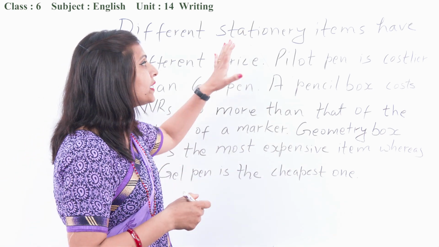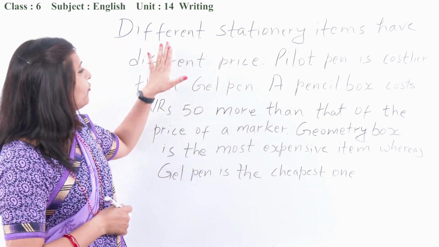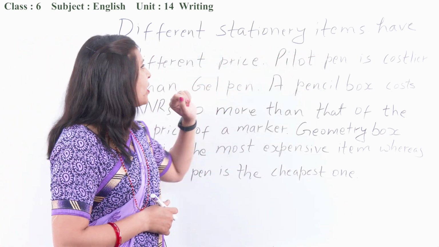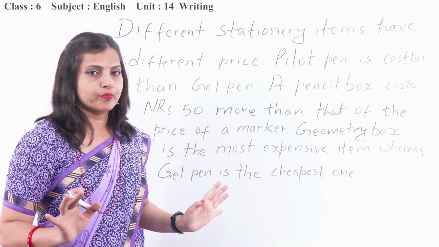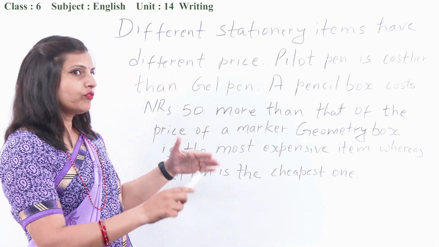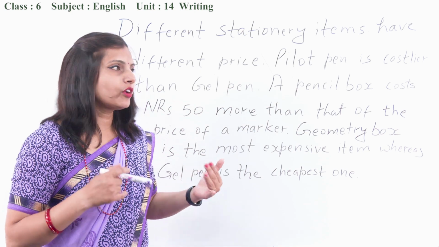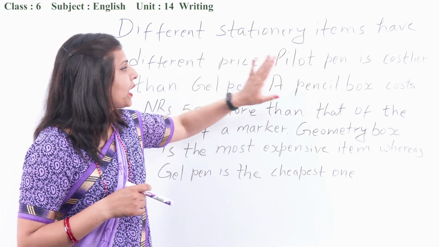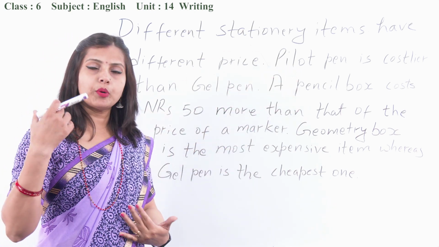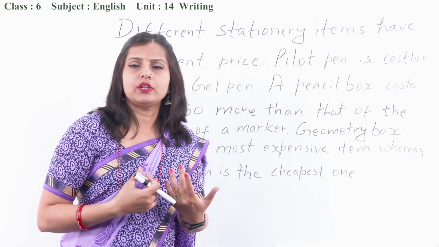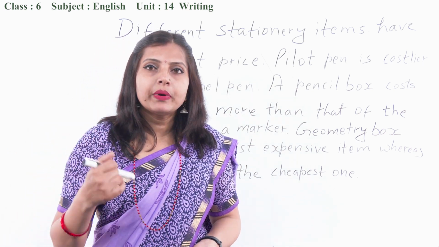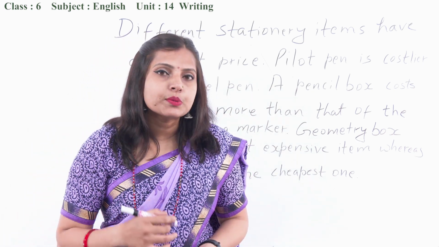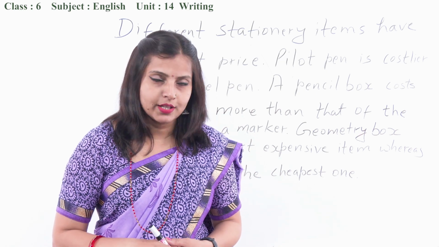See, we have made comparison. Different stationery items have different price. Then we should begin with the comparison, like between pilot pen and gel pen. Pilot pen is costlier, or you can also write gel pen is less expensive than pilot pen.